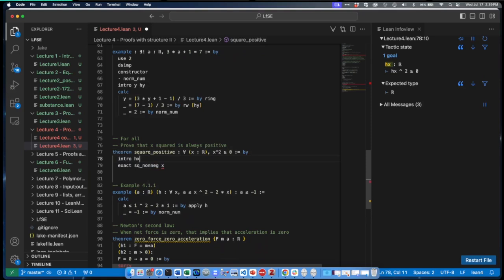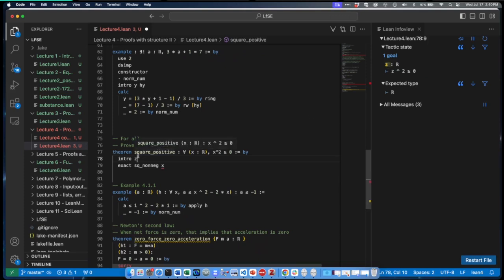It's probably a little bit cleaner to state hx, or intro, I don't know, z, we can pick what we want. So I perform intro z, and what it does is it changes my goal state to z squared is greater than or equal to 0, and it puts something into my assumption state. I'm now assuming that z is some real number.